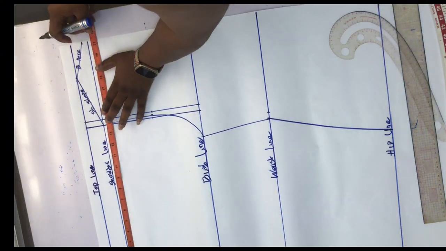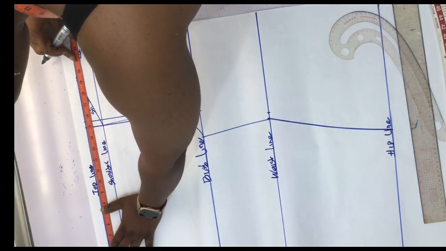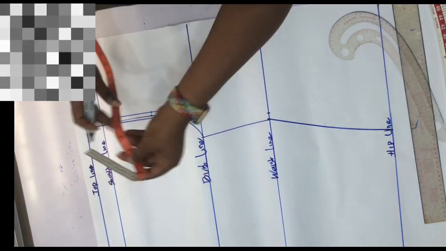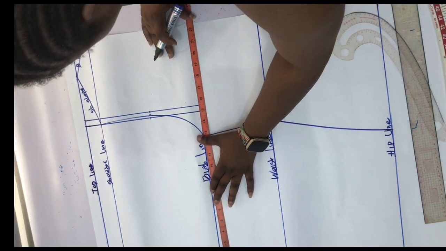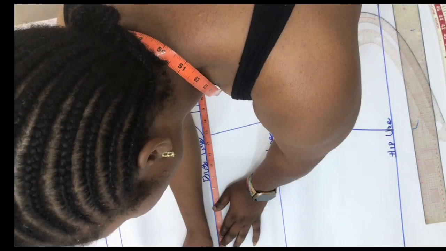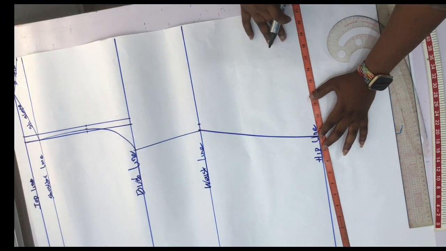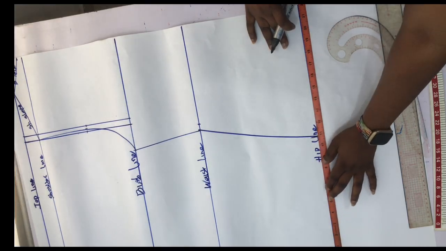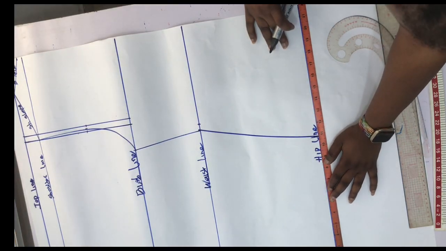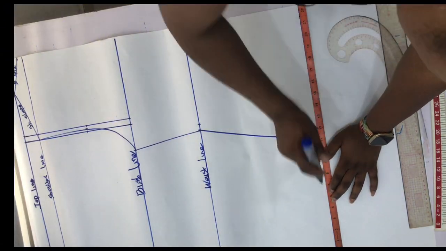So after getting our back basic bodice block, I'm going to go ahead and get our borderline. Now to get our borderline, we're going to be using the biggest part of our measurement. If you check this measurement, we have the bust circumference, the waist circumference, and the hip circumference.